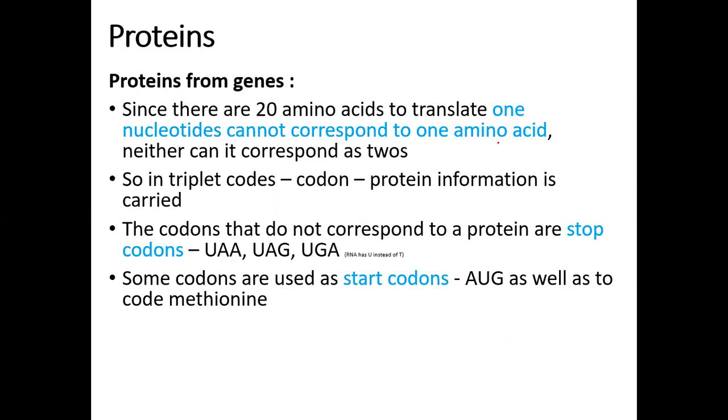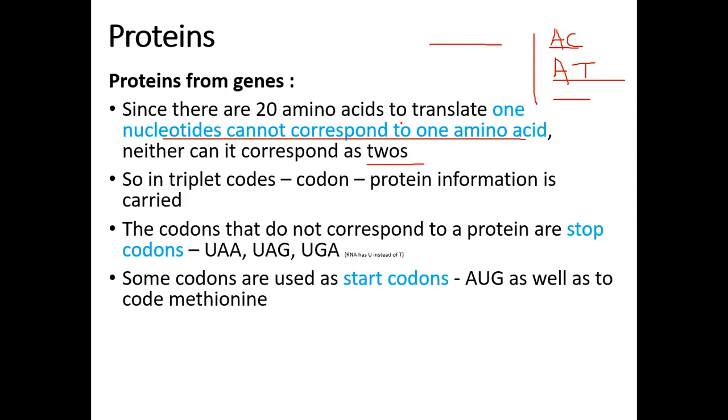So there are 20 amino acids. So one nucleotide cannot correspond to one amino acid. Why? Because there are 20 amino acids. We have only 4 building blocks. Okay. It cannot correspond to 2 as well. So if you look at the combinations, you can write A, C, A, T, likewise. How many combinations can you write with 2? It is less than 20 if you write.